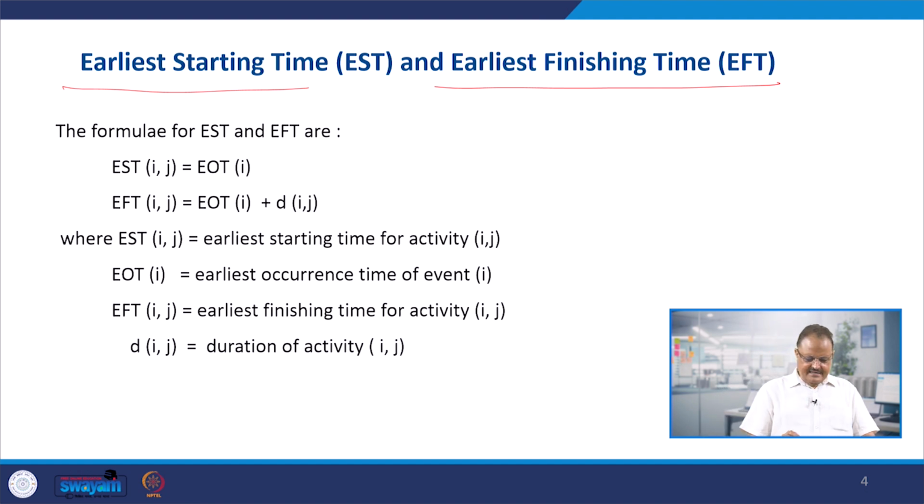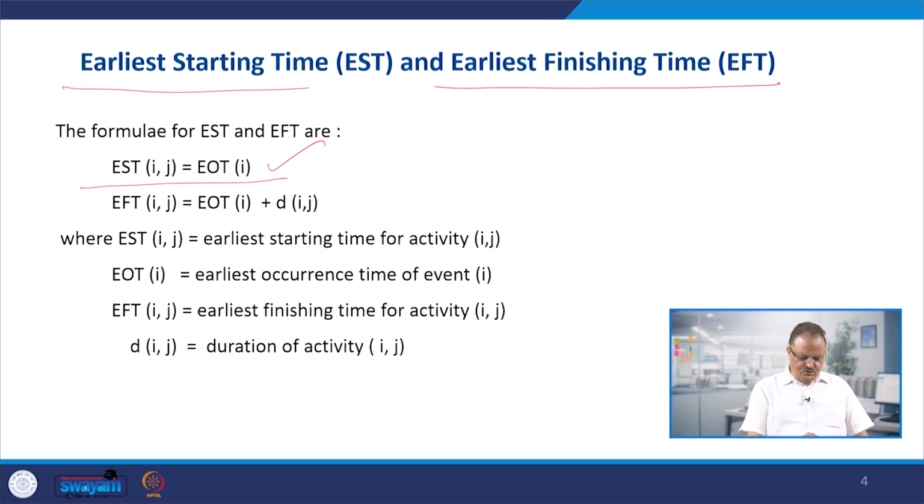Earliest starting time is for this IJ, right. IJ is basically the activity. The earliest starting time of the activity IJ is equal to the earliest occurrence time of the event I, right, because you want to complete the event I. And the earliest finishing time of the activity IJ would be calculated by EOT, the earliest occurrence time of event I, plus the duration of IJ.